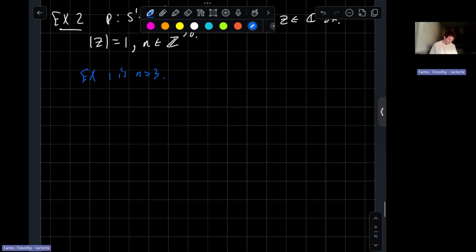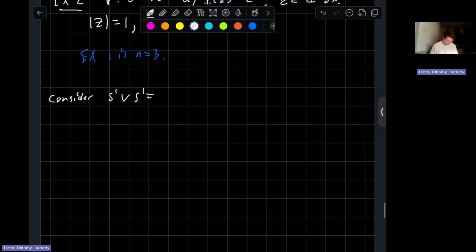So, wrong color. Consider S1 wedge S1 equals X. This is a graph with one vertex and two edges.